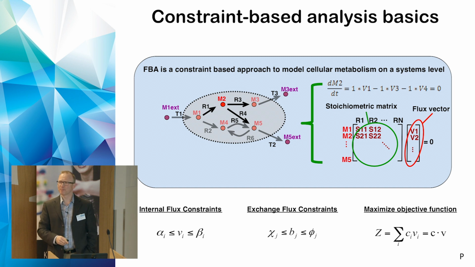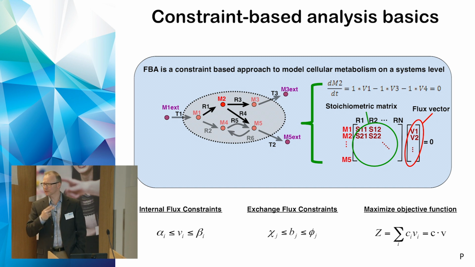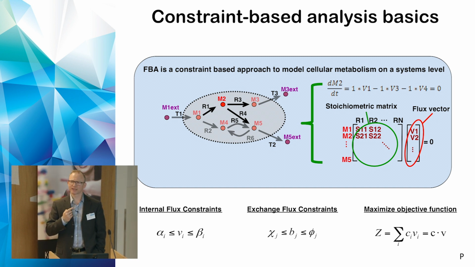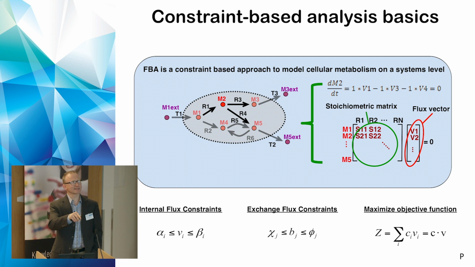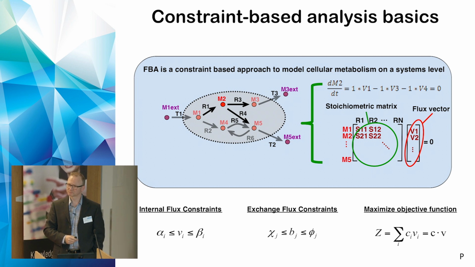Consider a cell a bag of chemicals. Look at each chemical. In which ways can it be produced and in which ways can it be consumed? And you set up a mass conservation and steady state constraint for that metabolite. You do that for all of the metabolites, and you can formulate the system as a set of linear equations.